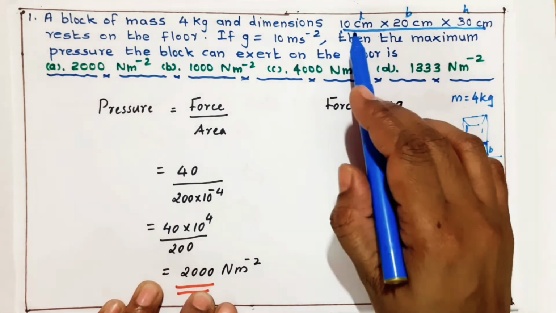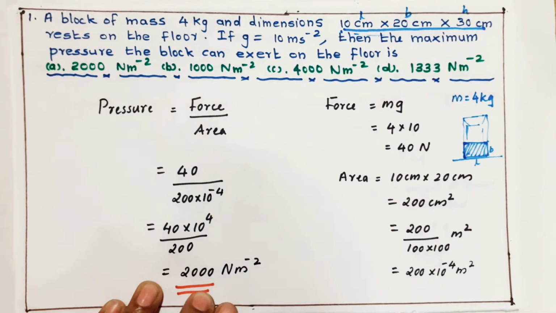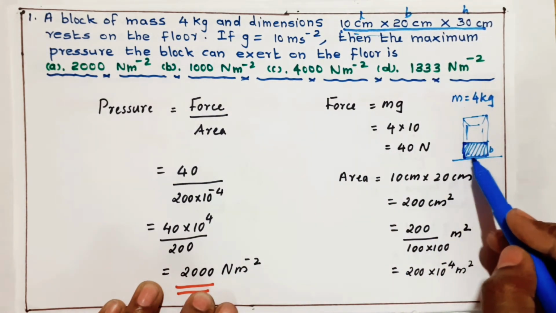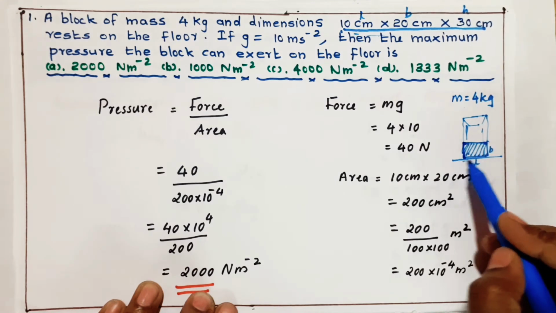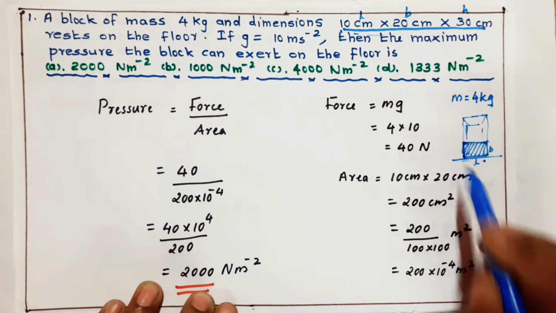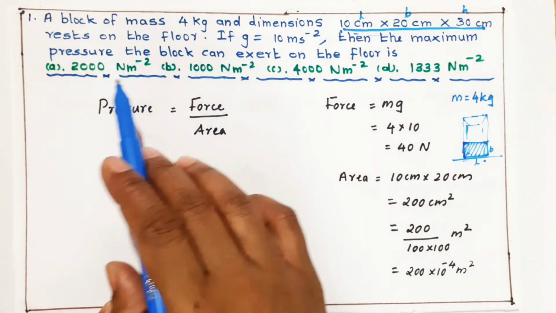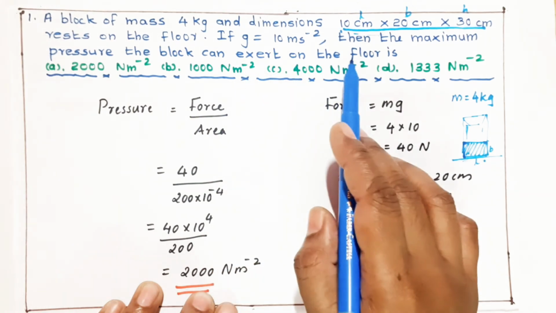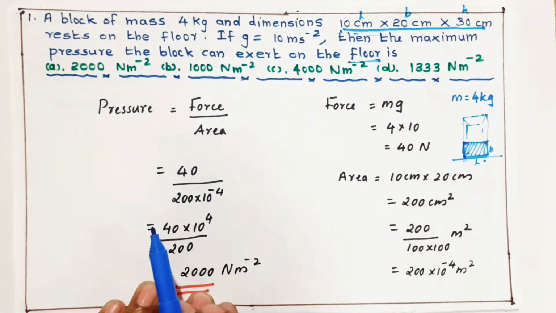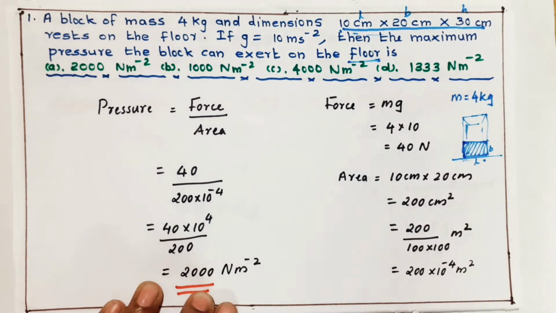This is the dimension of the block. But when we keep the block like this, the length and breadth are the sides in contact with the floor. So the question is, what is the maximum pressure the block can exert on the floor? Near the floor, length and breadth are in contact. That you should remember.